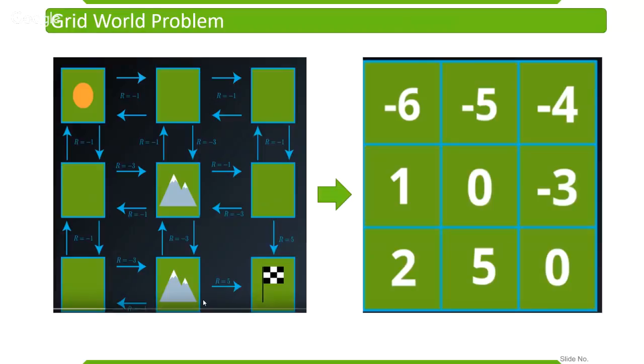If I go back to the grid world problem, if the agent moves from the very first state towards the right, it gets a reward of -1. So the value of the next state is -6, and the reward that it gets is -1. You add them up, and that amounts to -7.